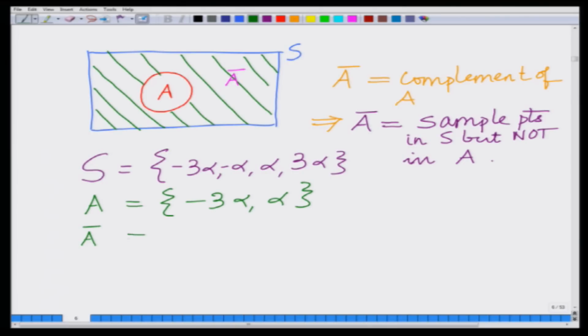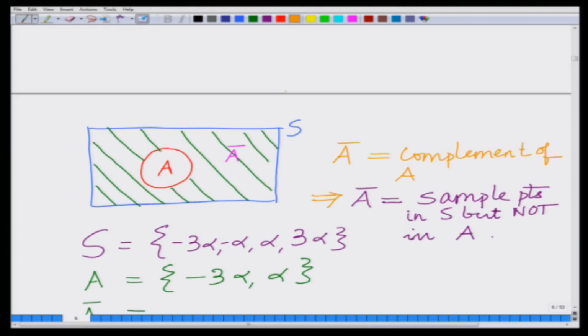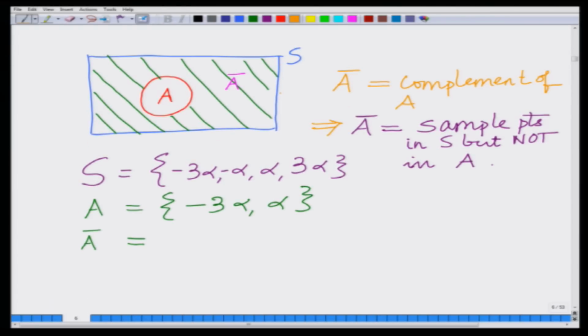Therefore, A complement is the set of elements that are in S but not in A. You can see that the sample points in S but not in A are minus alpha, comma 3 alpha. Therefore, A complement is minus alpha, comma 3 alpha, which is denoted by a bar over the set A.